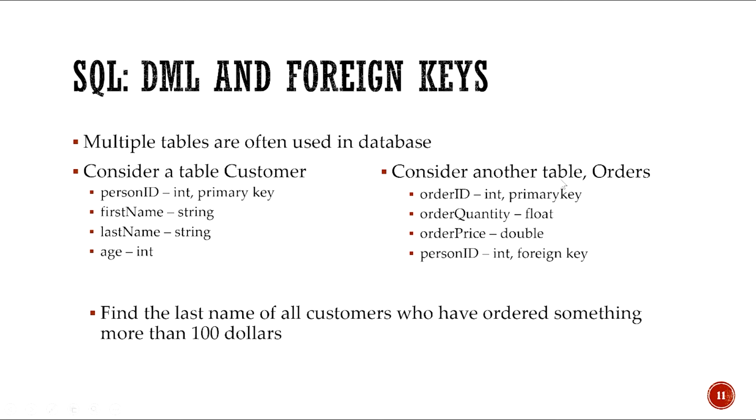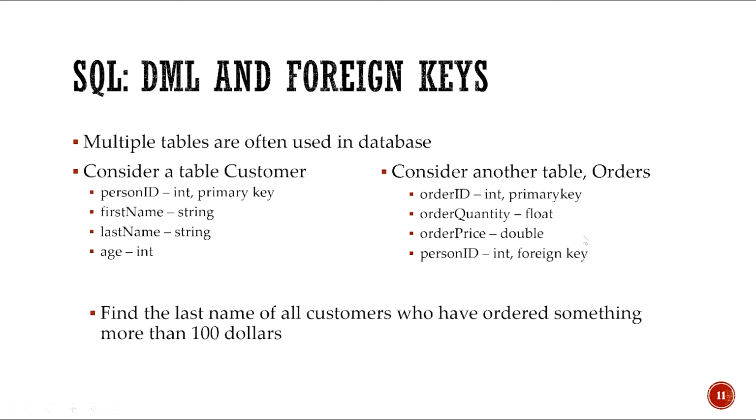And consider another table named orders. Order ID is the primary key and its type is integer. There are 3 attributes here, as you can see: order quantity, which is float; order price, double; and person ID, which happens to be the primary key in table customer. And so it's the foreign key and its type is integer.